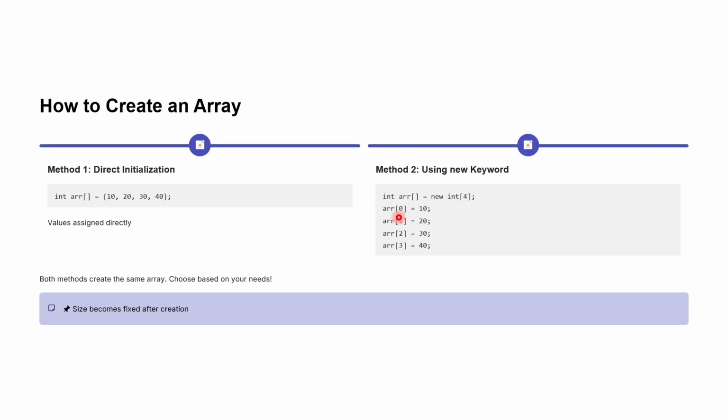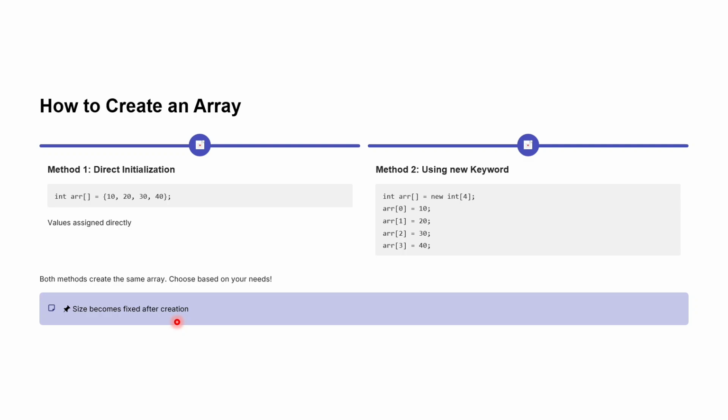You can see here it is starting from 0, 1, 2, 3, and these are being assigned to that array. But once the size is given in the array, it cannot be changed. As you can see here, size becomes fixed after creation. Arrays are like buses, with a fixed number of seats. You cannot increase or decrease, right?